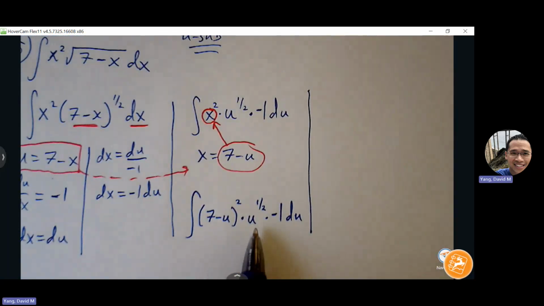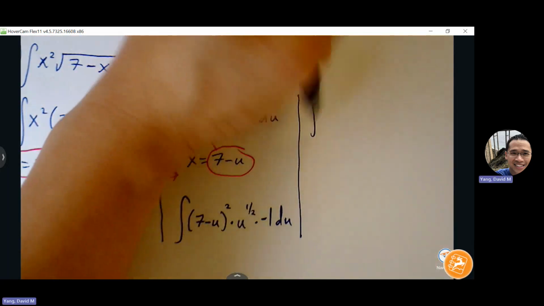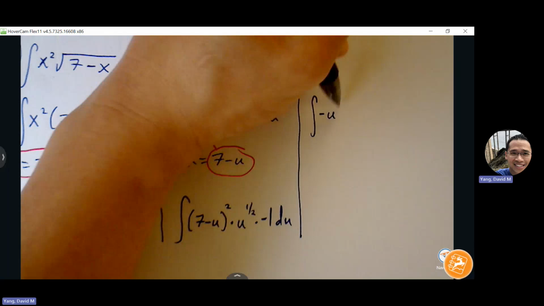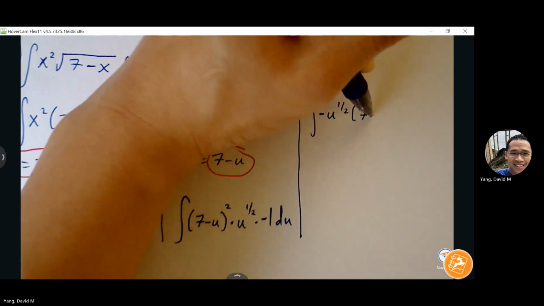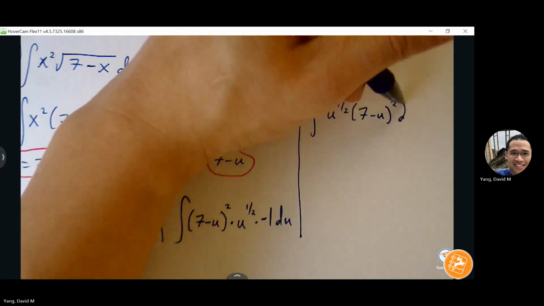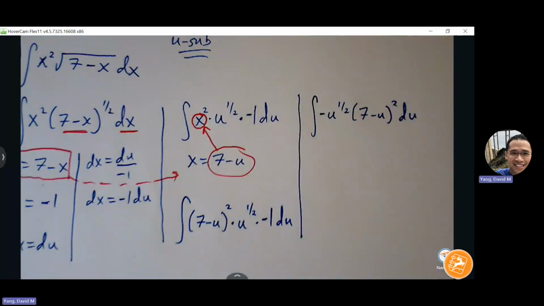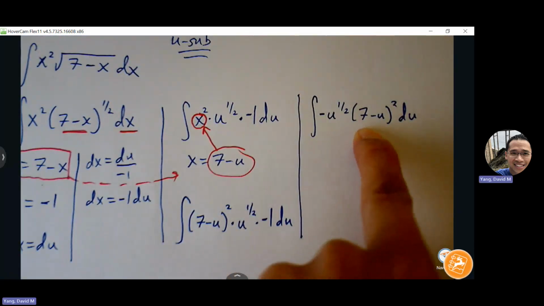Okay, I'm going to pull the u to the 1/2 and -1 in front. That way I don't have to think of those, and I can merge some things together. But we can't do power rule yet, right? We still have to undo the parentheses.